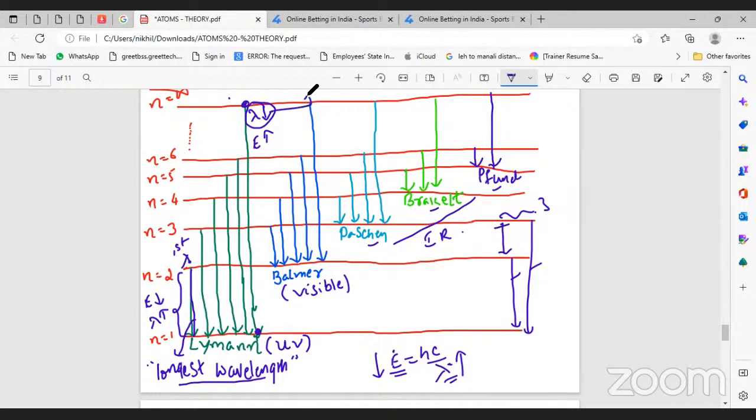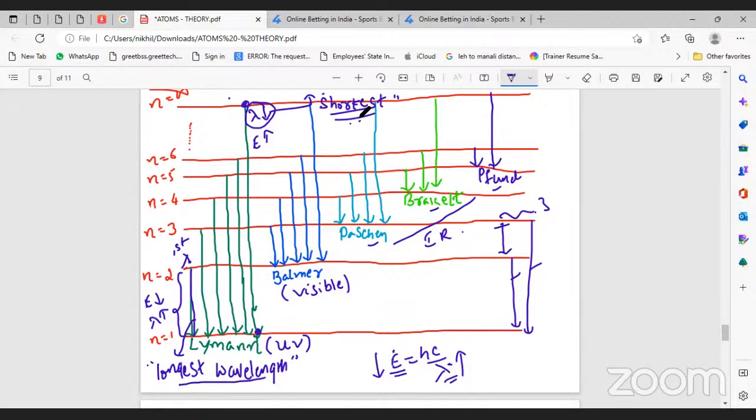This is called the shortest wavelength. So in any spectral series, please remember the wavelength of the last line is called the shortest wavelength, and the wavelength of the first line is called the longest wavelength. So this is the concept related to the longest wavelength and the shortest wavelength. You have to be very careful in this.